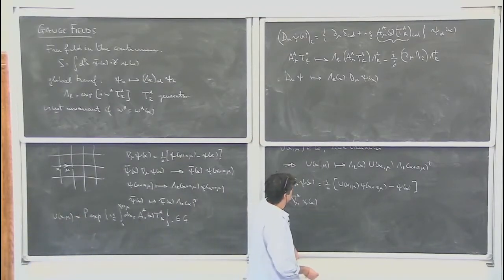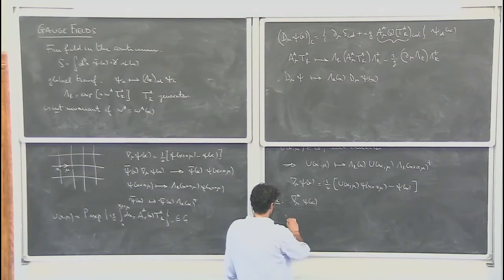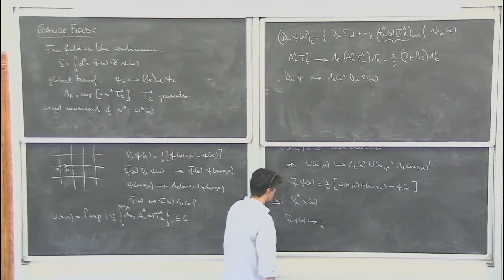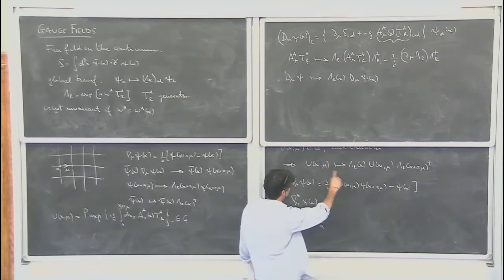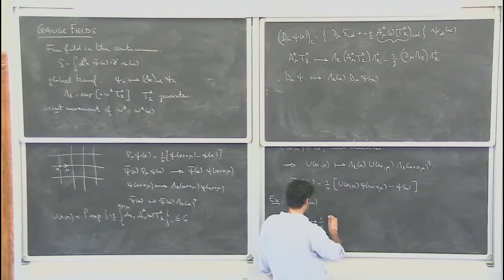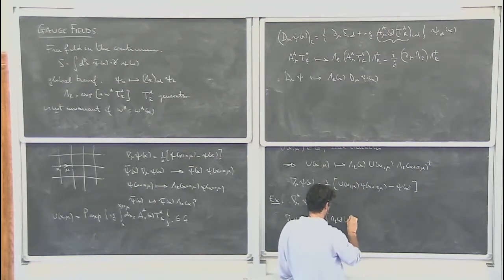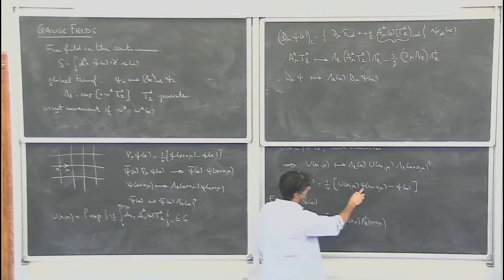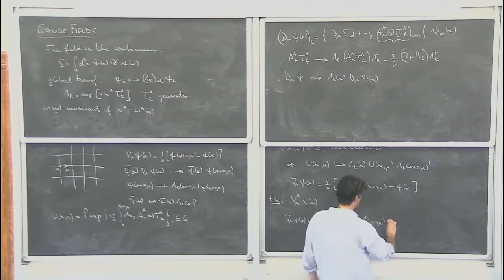Now, it's clear that under gauge transformations, let's see what happens to the covariant derivative. So U transforms like this. So we get the factor of lambda at x. Okay, then we have psi at x plus a mu.